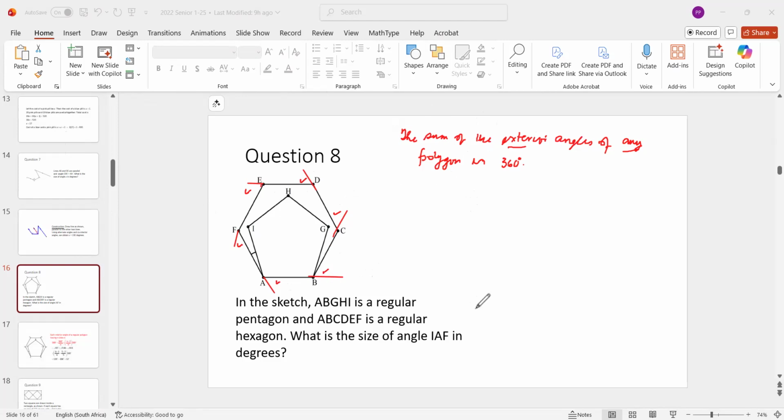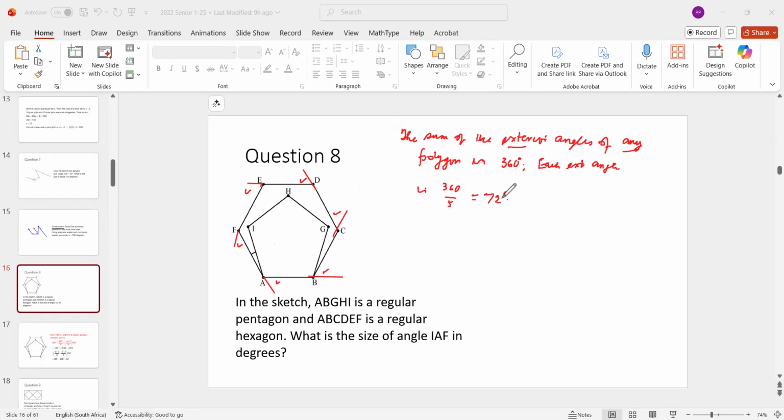If you remember that, then you can answer most of these questions on polygons. Because in a regular polygon, all the interior angles are equal, so all these exterior angles are the same. So you've got 5 numbers, all of which are the same. So each exterior angle is 360 divided by 5. The reason for that is they're all equal.